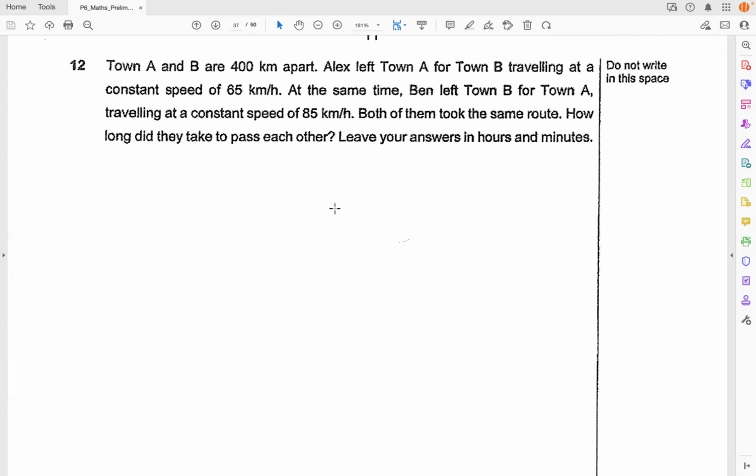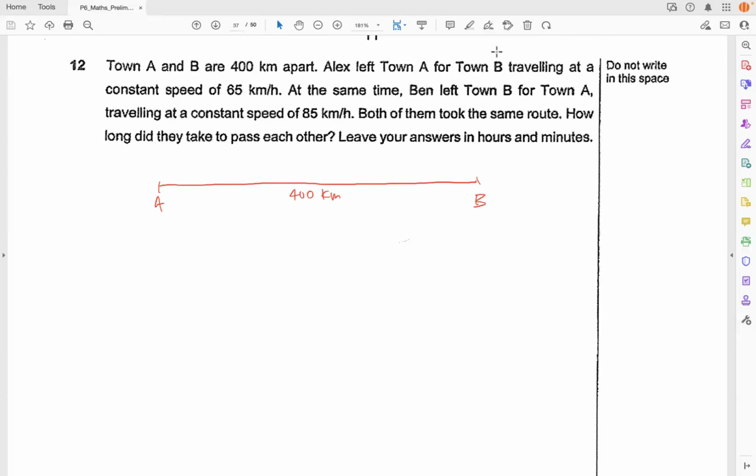So town A and B are 400 kilometers apart. So let's draw a speed timeline. So this is A, B, and they are 400 kilometers apart, right? Okay, and then they are traveling towards each other, right?